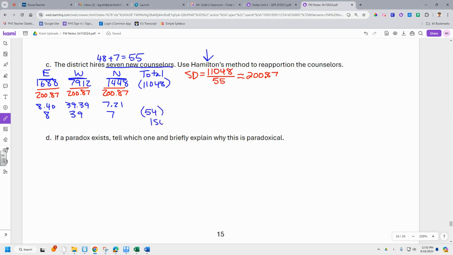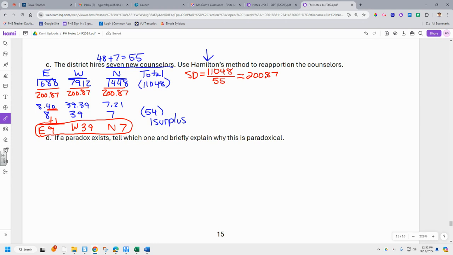So there's one surplus item that we have to give out, and we're going to give it to the highest decimal, 0.40. So add that on, and east gets 9, west 39, north 7. That would be this Hamilton's apportionment.